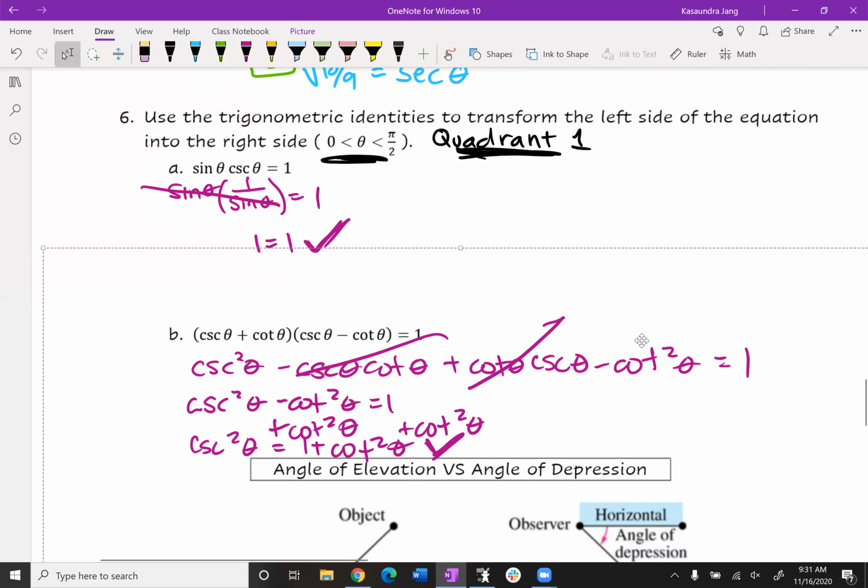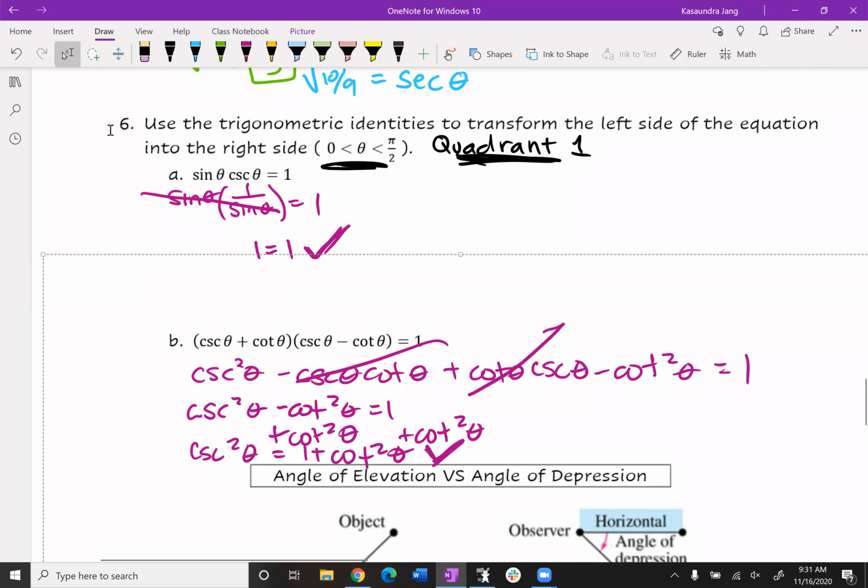Okay, questions on these identities? You're going to have to basically use the identities to show that both sides of the equation are equal. You'll have to do that on homework, quizzes, that kind of thing. Any questions? Online, we good?